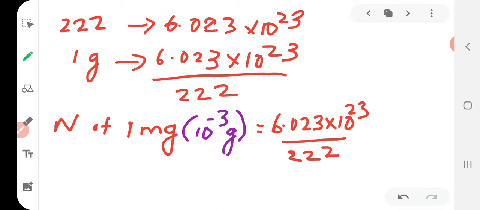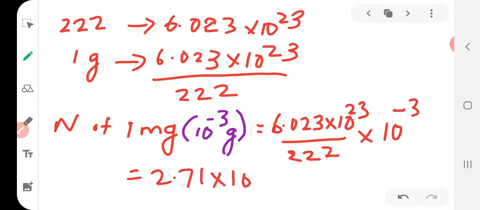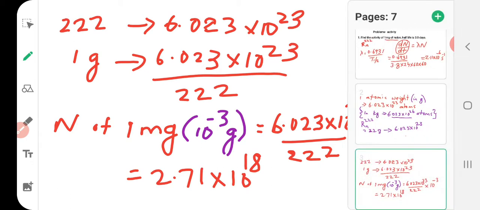So the number of atoms in 1 milligram will be 6.023 into 10 raised to 23 divided by 222 into 10 raised to minus 3. Substituting, we get the number of atoms as 2.71 into 10 raised to 18. So in order to find the number of atoms, we find the number of atoms in 1 gram, and for that we divide the Avogadro number by atomic weight.